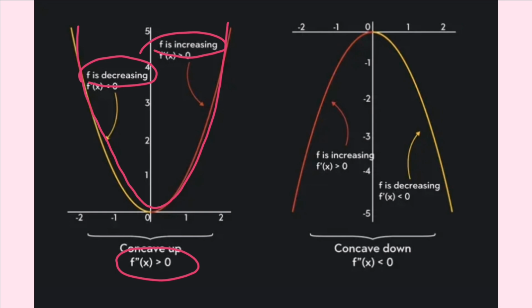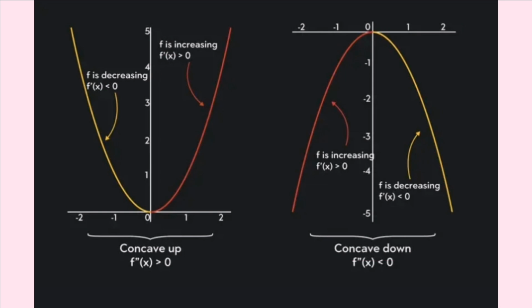On the second graph, first the function is increasing, then decreasing. So on the whole interval, the function is concave down, and the second derivative will be less than 0.